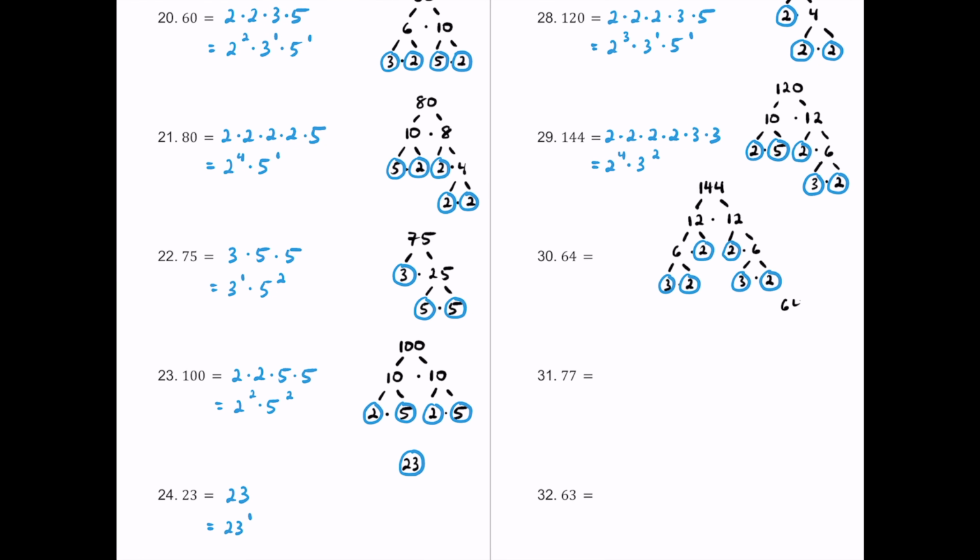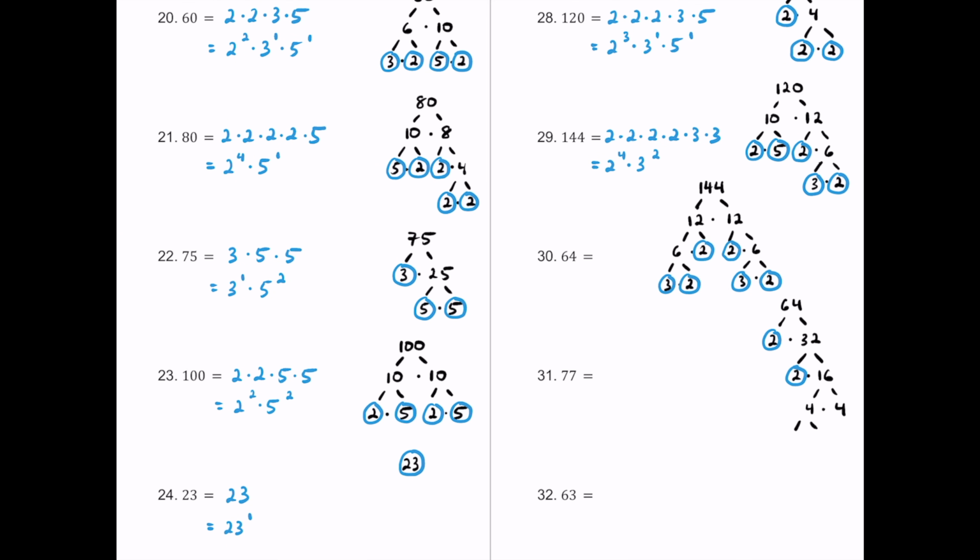So for 64, let's see here. I'm going to start with 2 times 32, okay? And the 32 can be broken down more. Let's say that we can write 2 times 16. And then 16 we can break into 4 times 4.